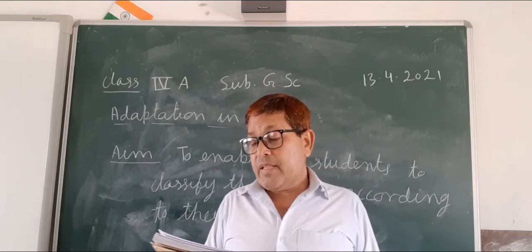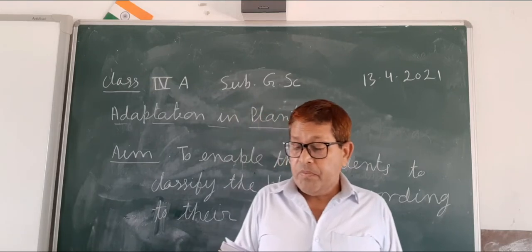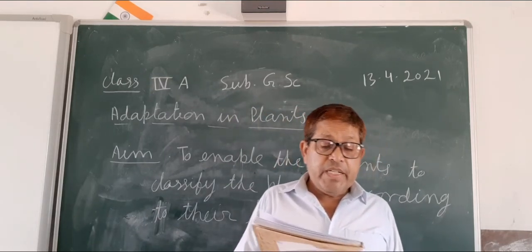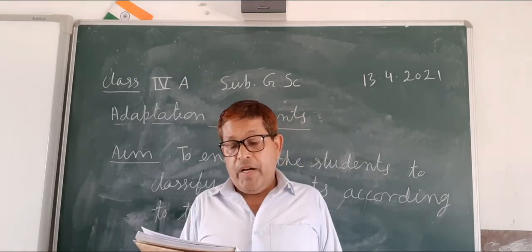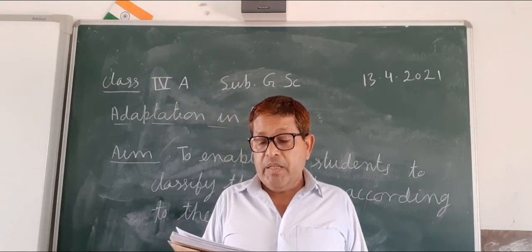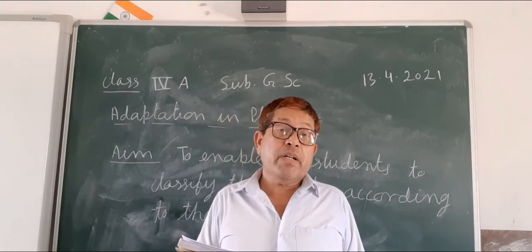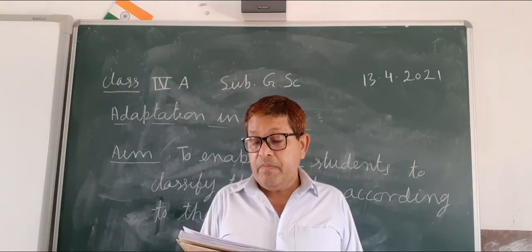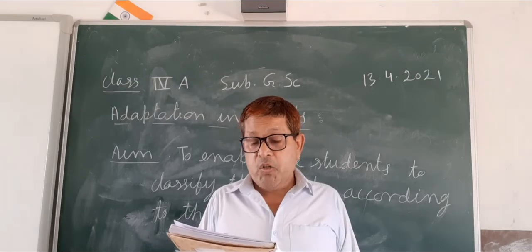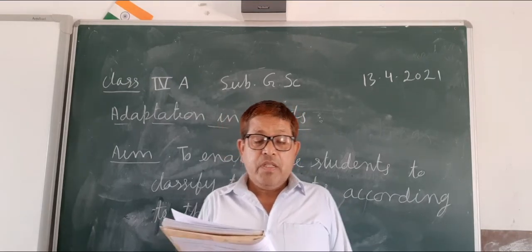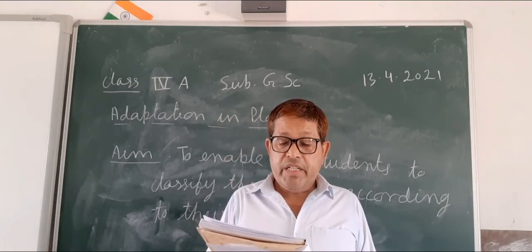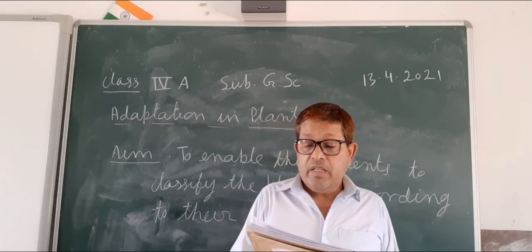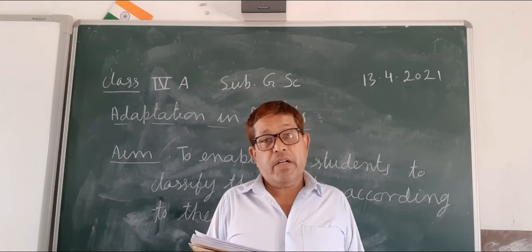These adaptations might make it very difficult for a plant to survive in a different place. For example, a coconut tree is not found in a desert because a desert receives very little rain.